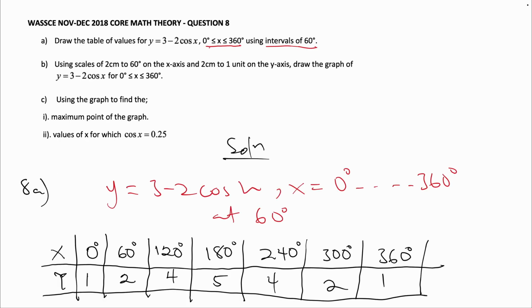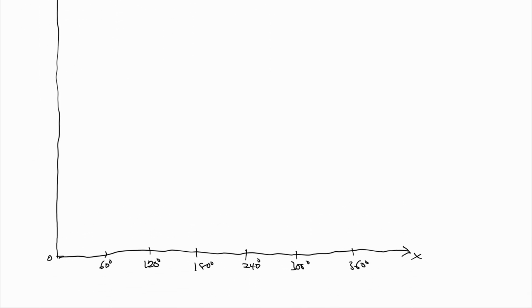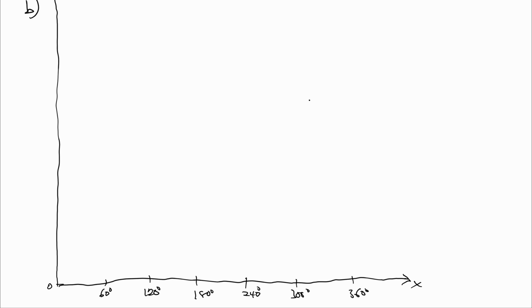We are using a scale of 2 centimeters to 1 unit on the y-axis. So we have 1, 2, 3, 4, and 5. This is our y. So from our table in A, when x is 0, y is 1. When x is 60, y is 2.